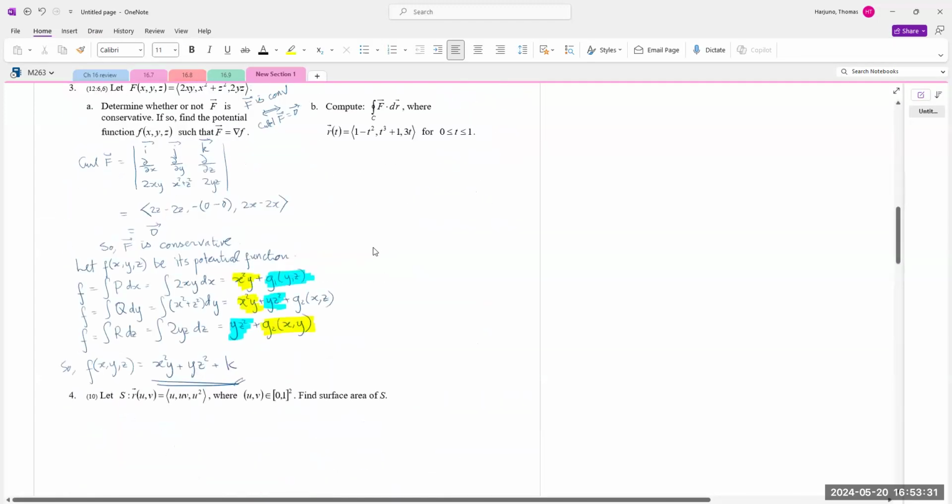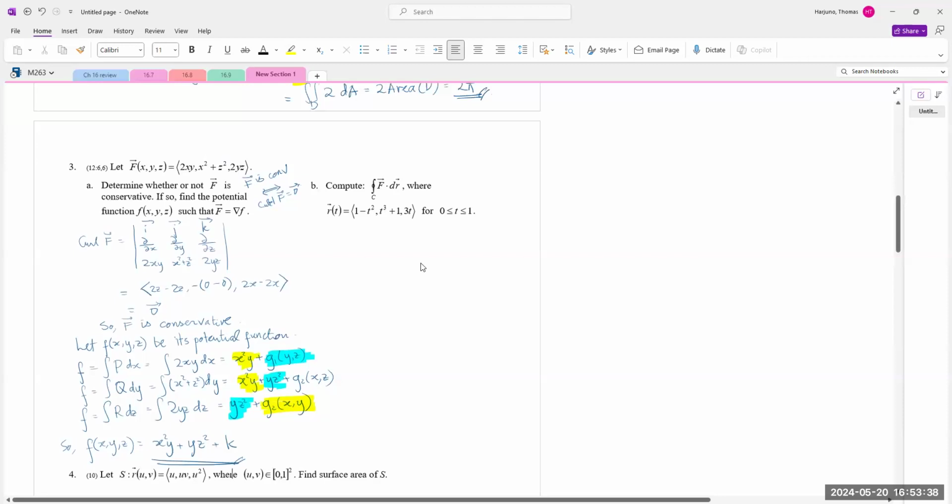Okay. Part B. With the same vector field, compute this line integral for r(t). Now, don't forget that this vector field is conservative, right?